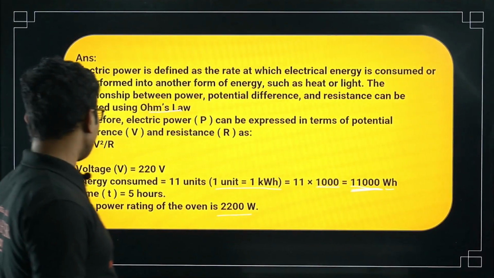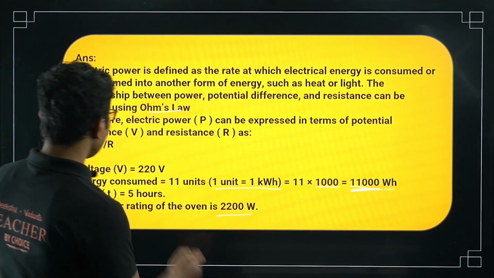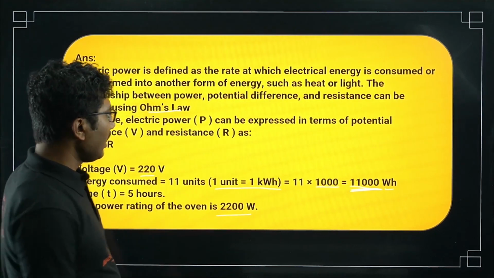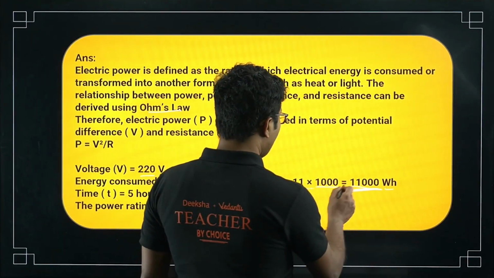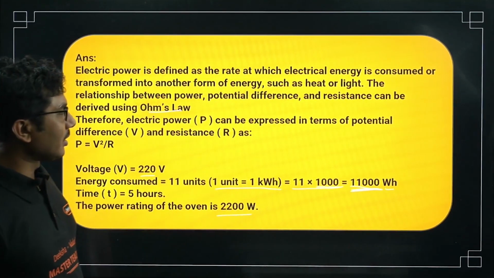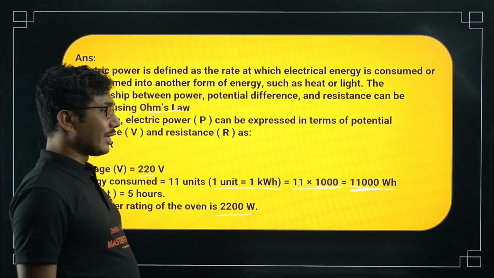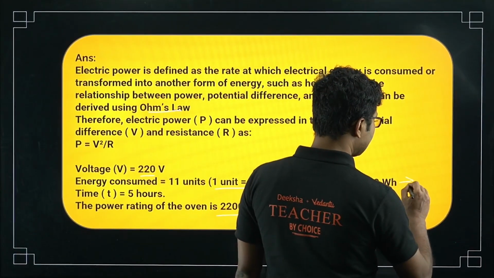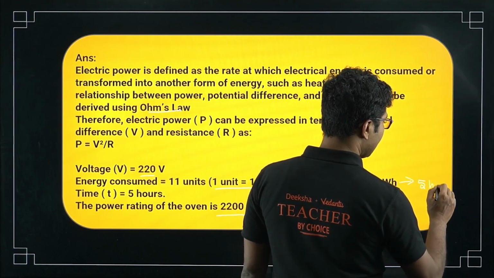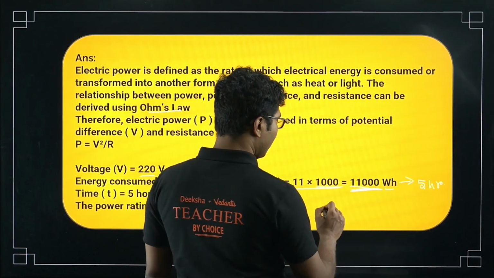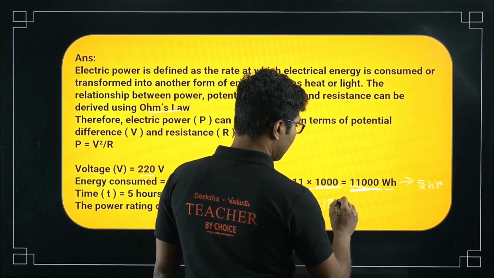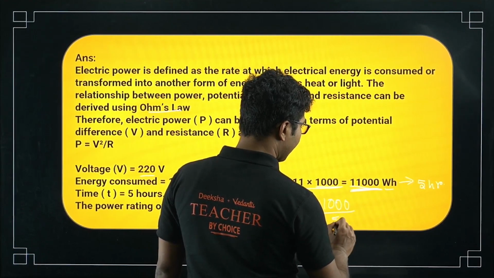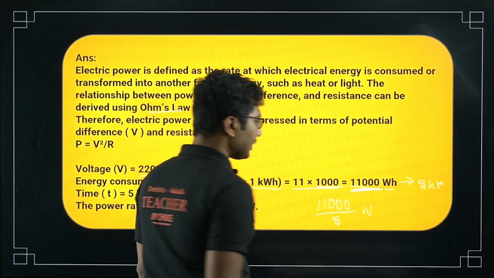Okay, so voltage is given. It is consuming 11,000 watt hour energy in 5 hours. So this much energy, my mistake, this much energy is consumed in 5 hours. So the power rating will be 11,000 divided by 5 watt. Okay, this is the power rating.